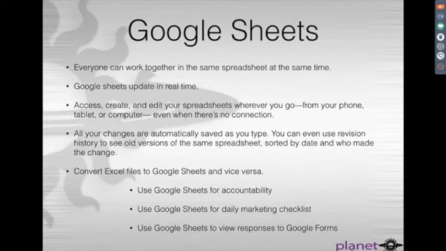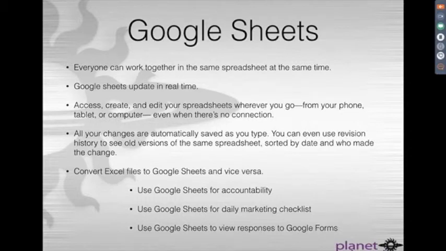But as soon as you connect to the internet, everything that you've just been working on is going to update automatically with no questions asked. And it's automatically going to save for you, just like all of our other Google tools, which is why I love working in Google. You never have to worry about losing information or losing your work. It automatically syncs and saves for you.